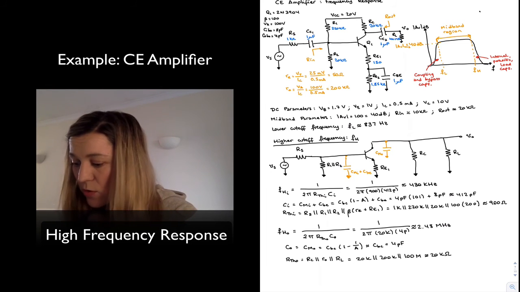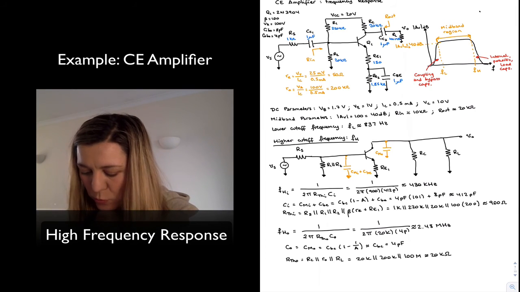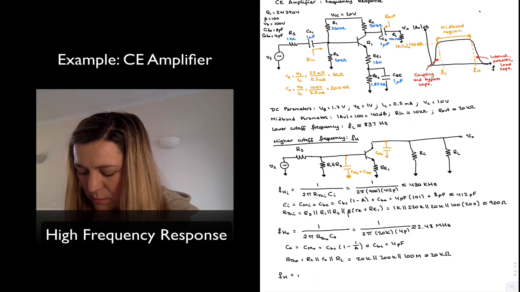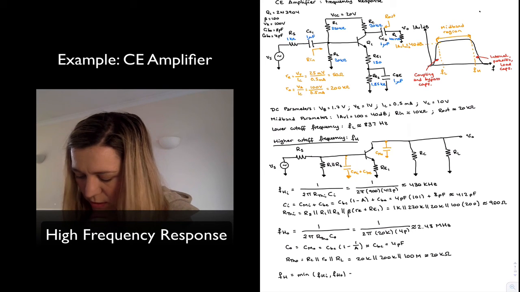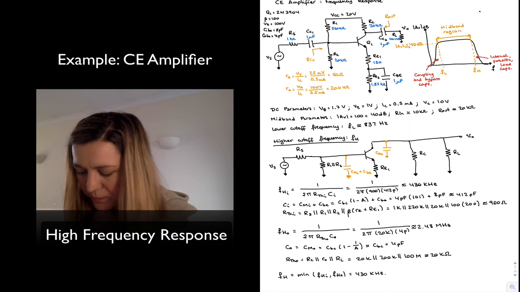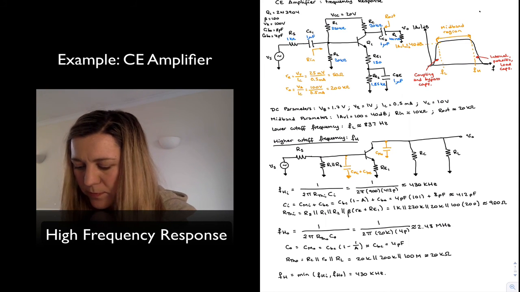All right, and now, just like we did before, we are going to use the dominant pole approach, and so we're going to approximate the high cutoff frequency as the minimum of FHI, FHO, which in this case is just FHI, which is 430 kilohertz. And that's it.